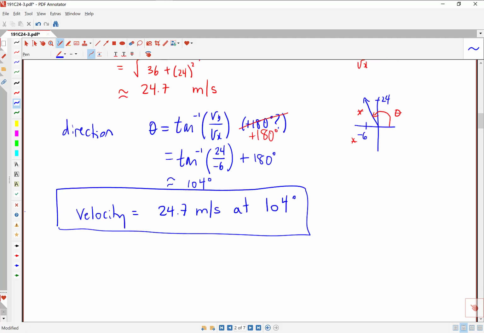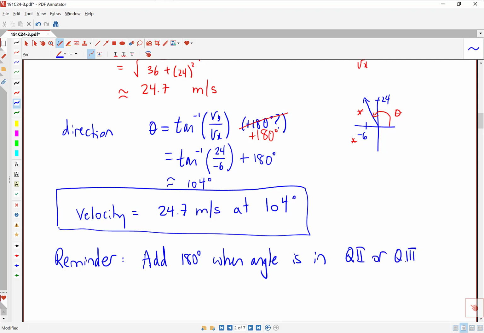Okay, and then let's write a reminder about theta based on our discussion. Let's say add 180 degrees when your angle is in either quadrant 2 or quadrant 3. And when we say quadrant 2 or quadrant 3, we mean either this quadrant here or this quadrant there.